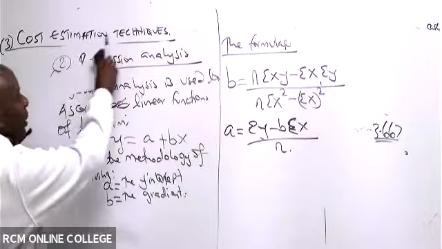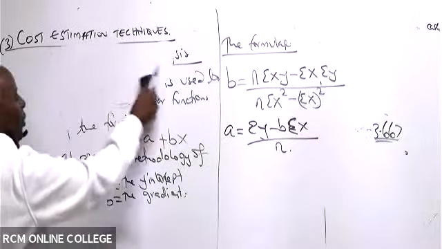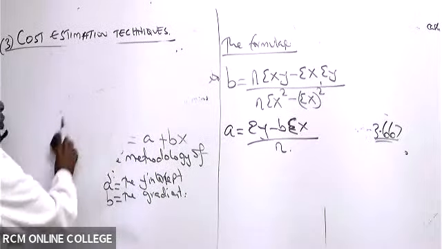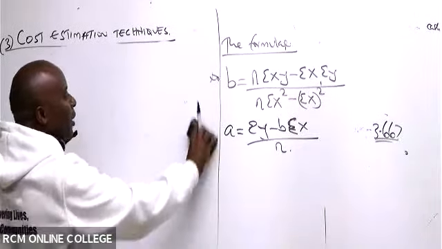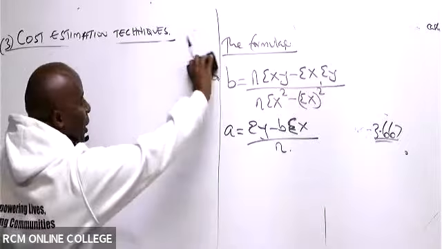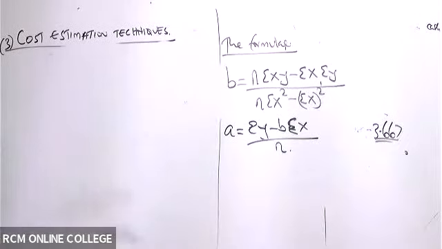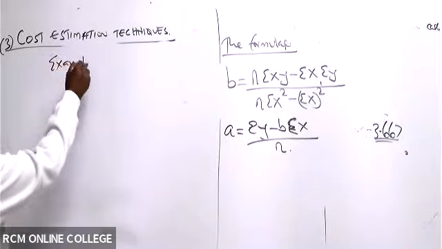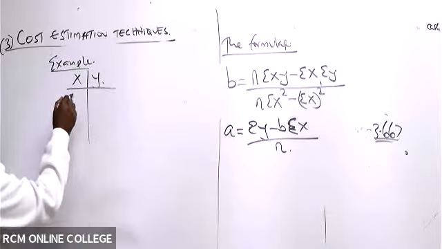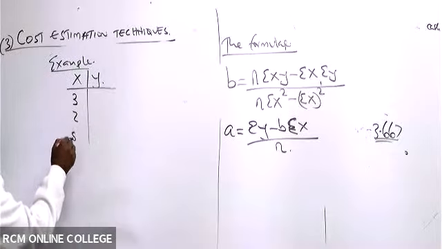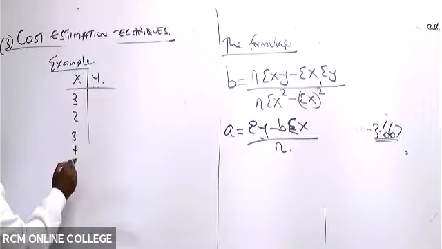Now, ladies and gentlemen, please listen to me very well. Then I will give you an example just to make sure that we have this concretized in our young memories. So if you're given an example like this, y, x and y. Given here 3, 2, 8, 4, whatever, 9.